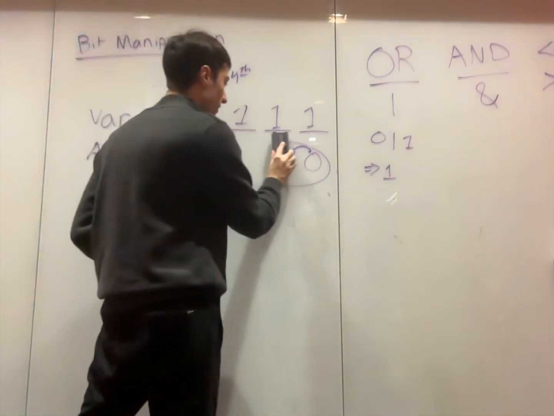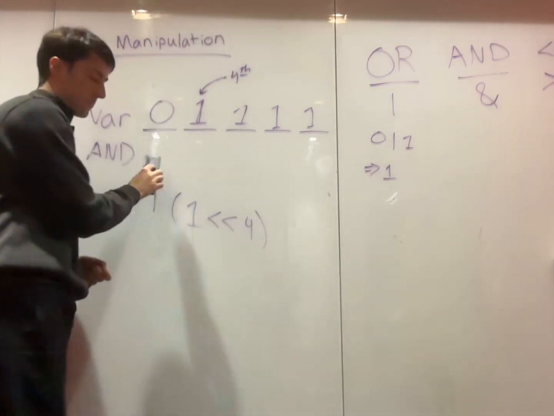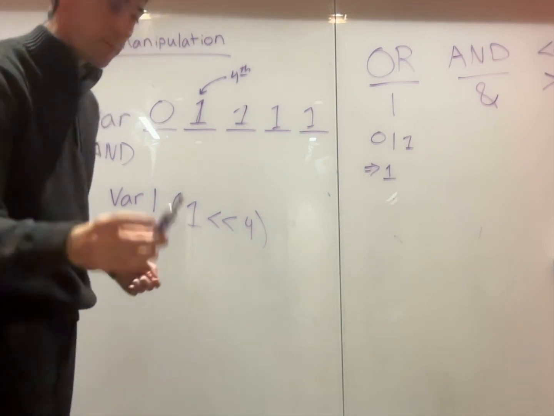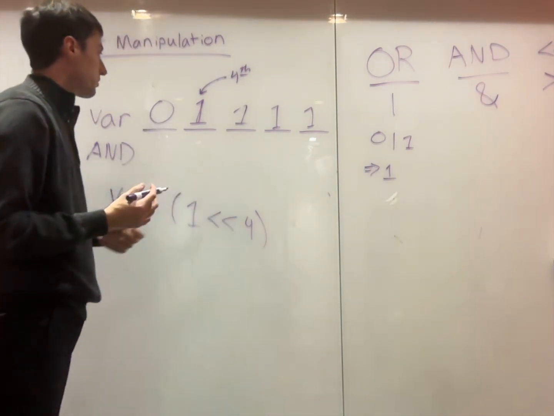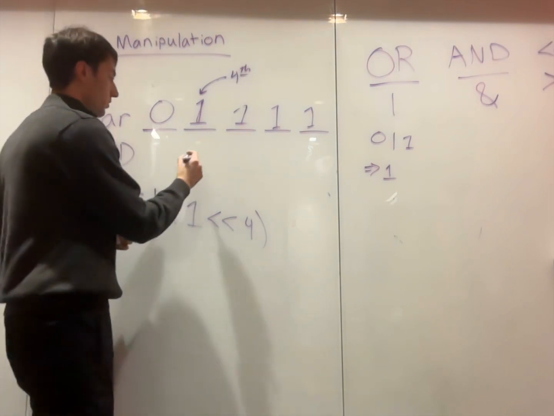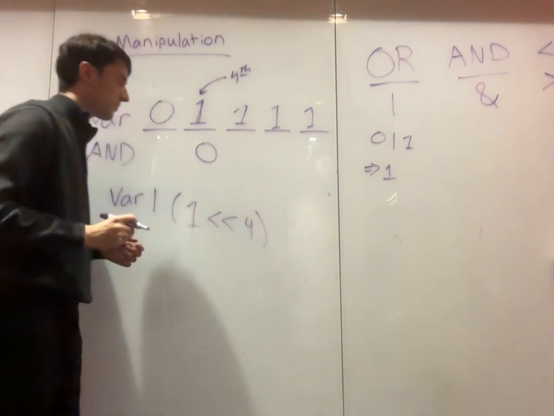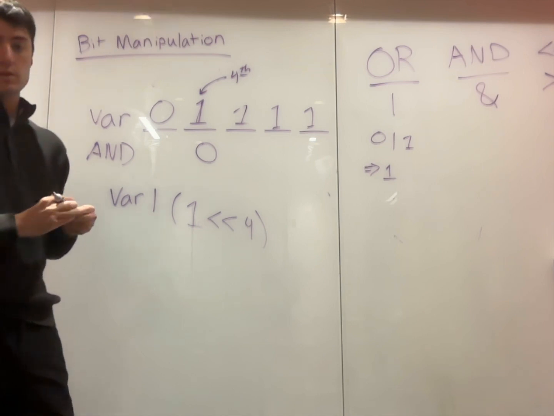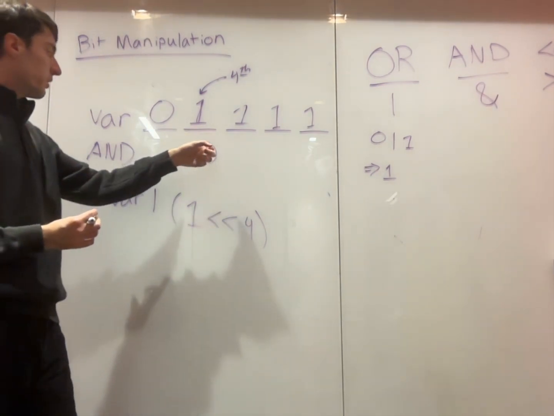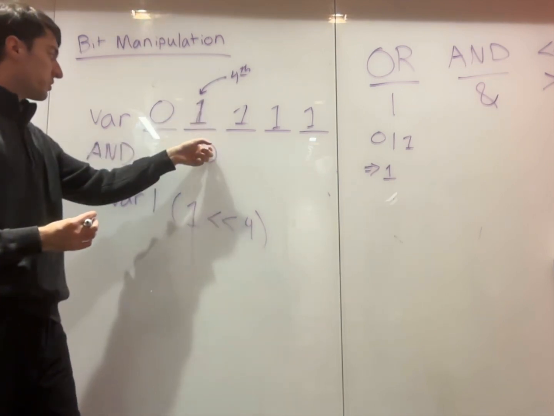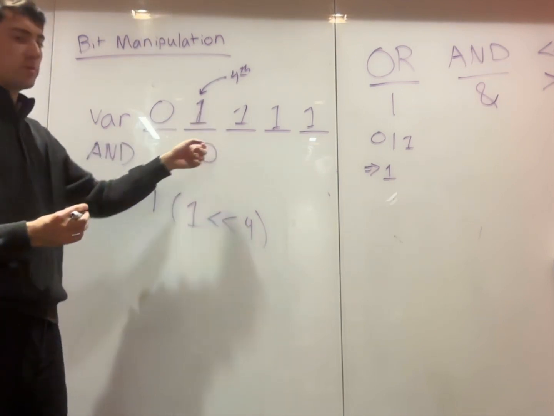And now, what number do we need right here on the bit that we want? Okay, we want a 0. Does that make sense? Because we know that this is going to cause this place to be set to 0.